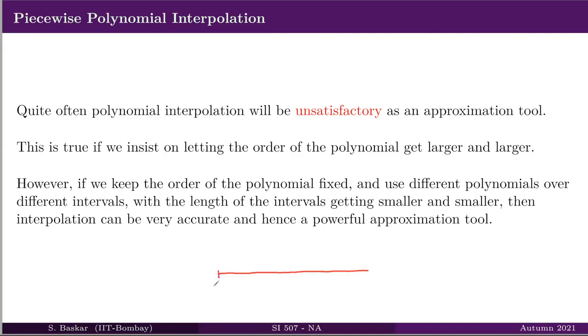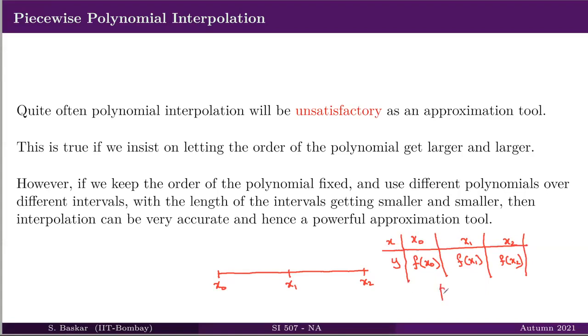Assume that you are given the nodes x0, x1, and x2, and you have some function f whose values at these nodes are also given to us. In other words, assume that we are given this data set. With this, you can construct a quadratic polynomial P2 of x that interpolates the function f at these points, right?